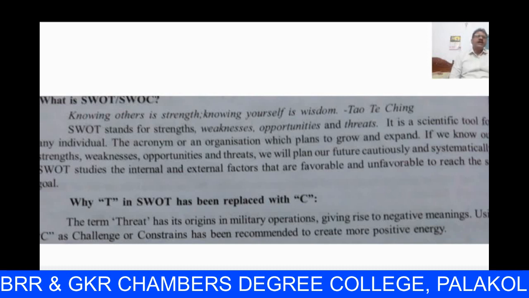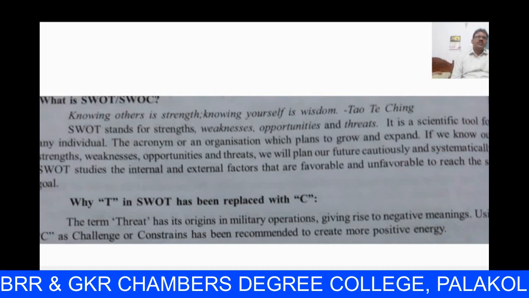We will plan our future cautiously and systematically. Knowing all these four aspects, you have a plan for your future, cautiously and systematically.